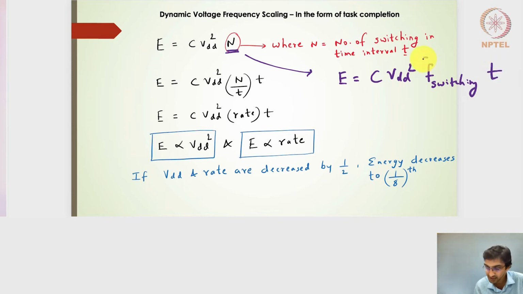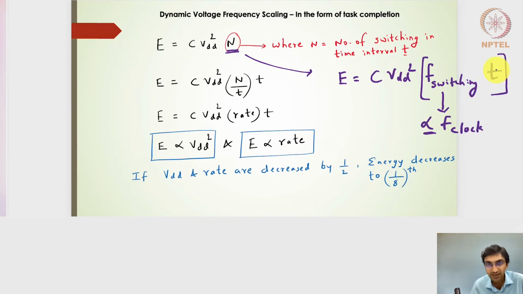So this factor of F switching multiplied by time T gives us the number of switching. This F switching can also be rewritten in the form of alpha and the F clock, where alpha is nothing but the activity factor, multiplied by the F clock. The product of alpha, F clock, and the duration of interest will give me the number of switching.